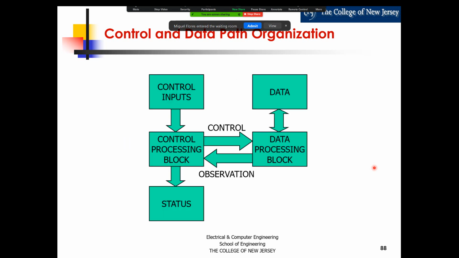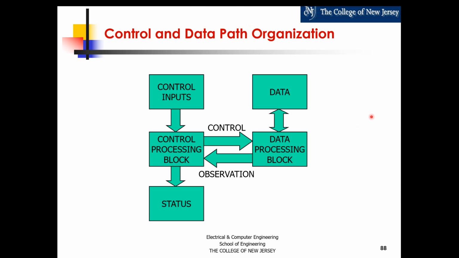Now, if we wanted to break down, as an example, a processor, we could have these blocks, and as I mentioned, we could have that data processing block, the data path, in this case what is operating the hardware that is processing the data, and this data block here could be data memory.